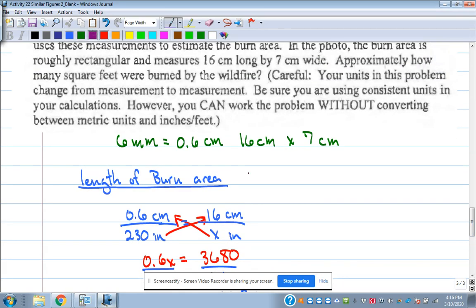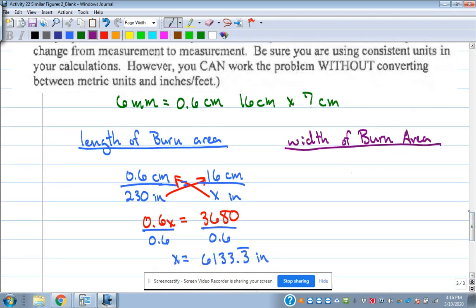Let's get the width. Now set me up the proportion that I need to do for the width. Good job.